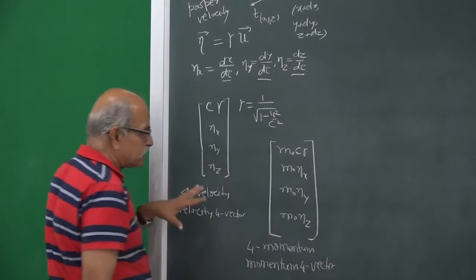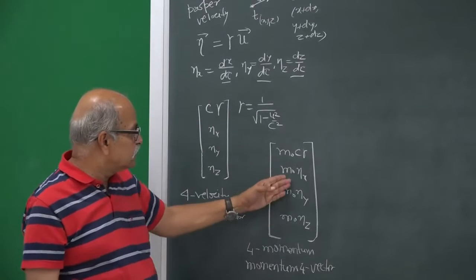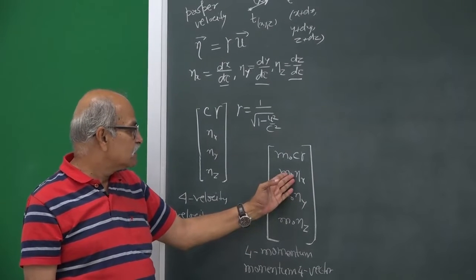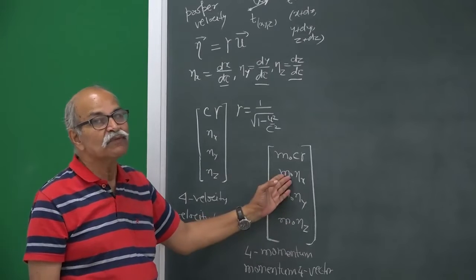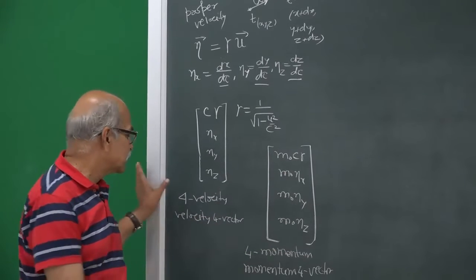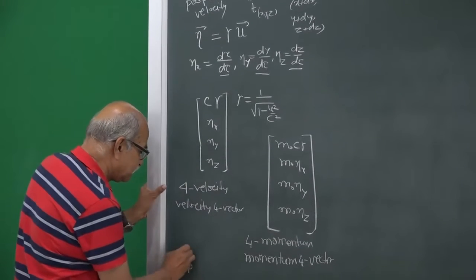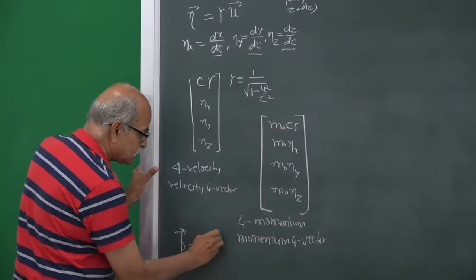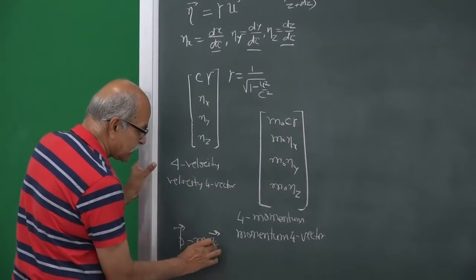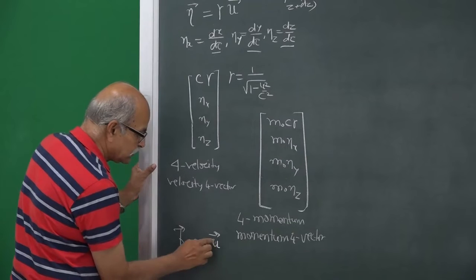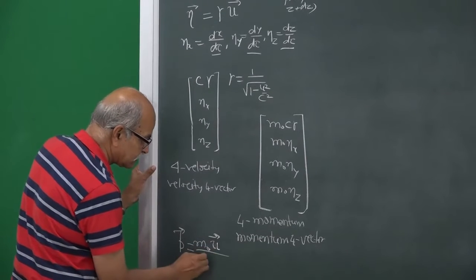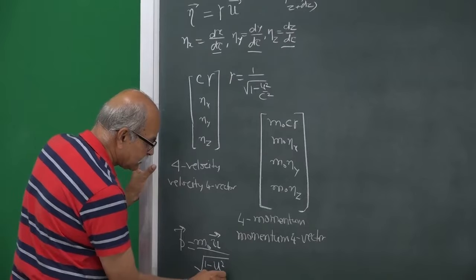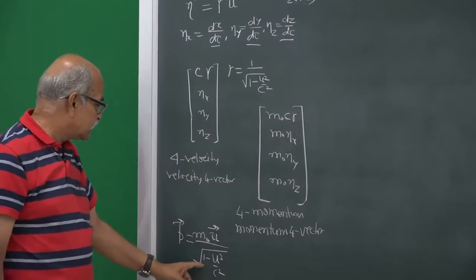This we discussed in the previous class, and then we said that these 3 quantities are just the x, y, z components of linear momentum, because linear momentum is defined as mass of the particle times velocity of the particle. If you write particle velocity as u, then u divided by square root of 1 minus u square by c square, and that is in fact gamma.